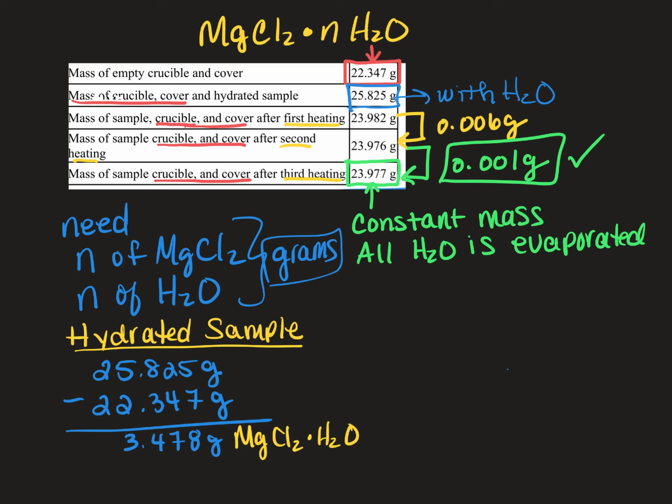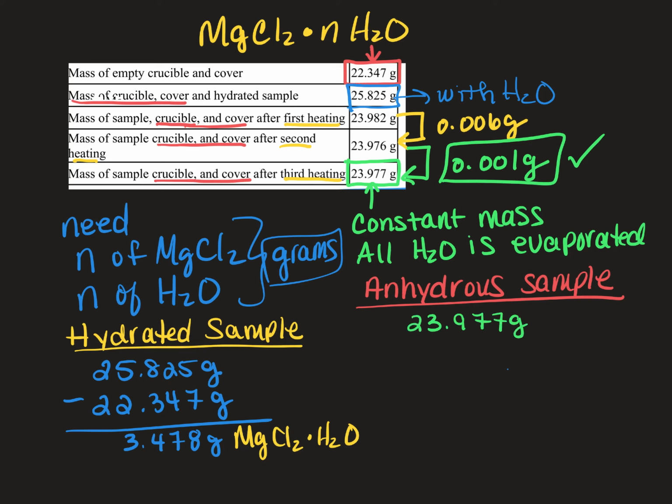So now we want to figure out what is the mass of the anhydrous sample. So the anhydrous sample, well, that's going to be the mass of the constant mass, so that's 23.977 grams minus the mass of the crucible, which was 22.347 grams.